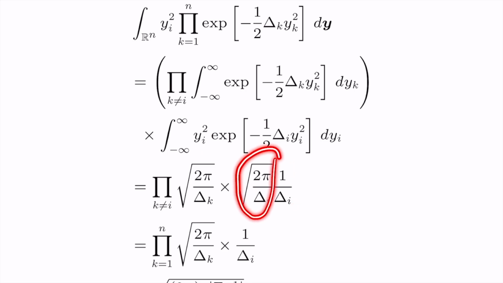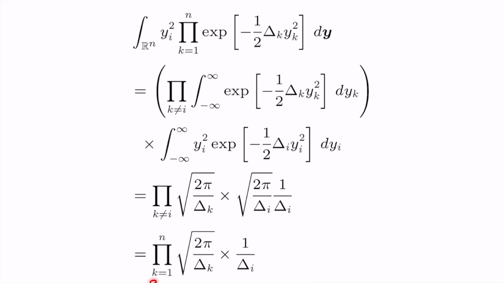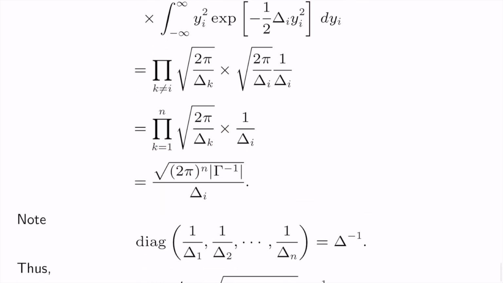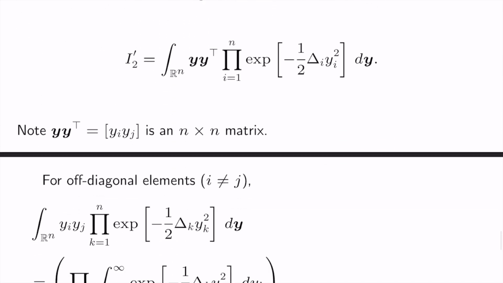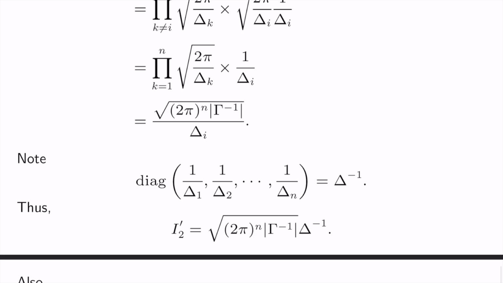So let's put this square root and these square roots together. So we have this product times 1 over delta i. And of course, this part, we have already seen that this is equal to square root of 2 pi to the power of n times the determinant of gamma inverse. So we have this divided by delta i. So this integral is a diagonal matrix whose diagonal elements are this.